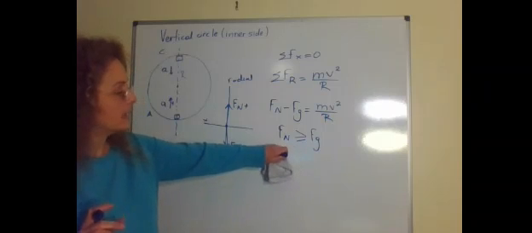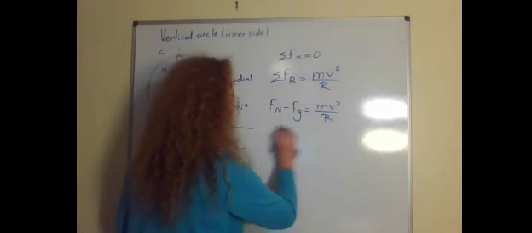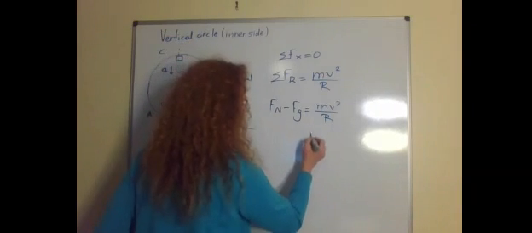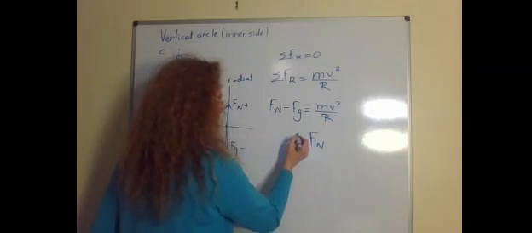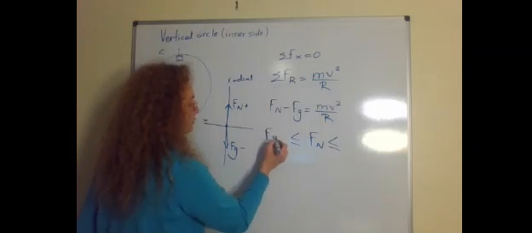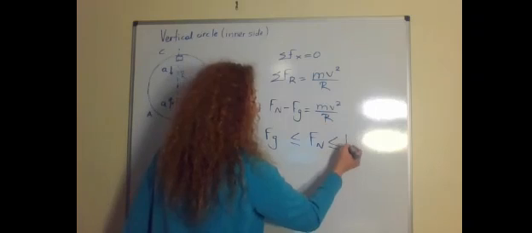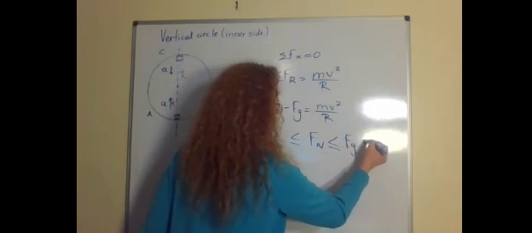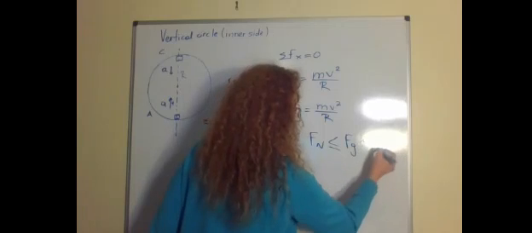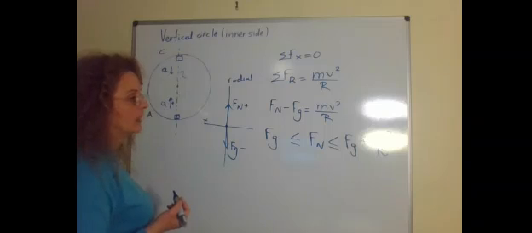The lowest value it can have is the force due to gravity, and the highest is the force due to gravity plus mv squared over r. So again, there's no limit to how high it can be.